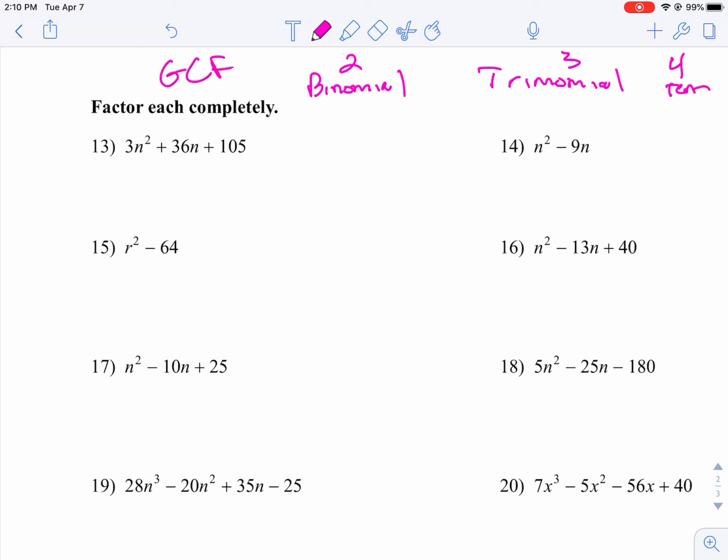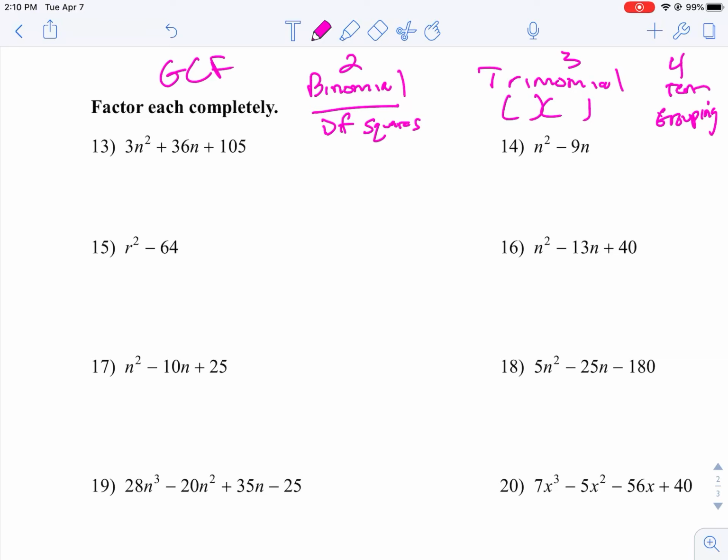Each one, look for the greatest common factor, and then look to factor. A binomial, there's only one special case, and that's a difference of squares. And we'll see one there. The trinomial will always factor down to 2 binomials, and the 4 term we factor by grouping.